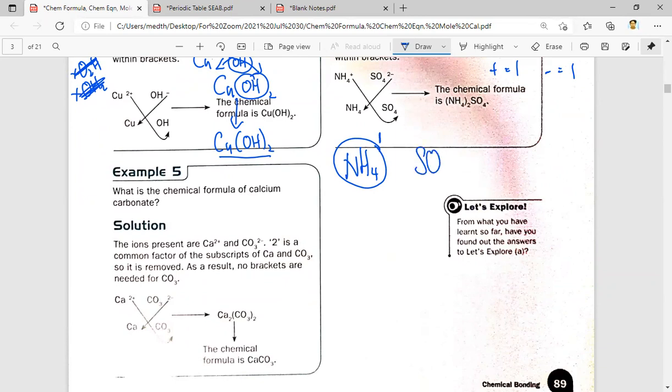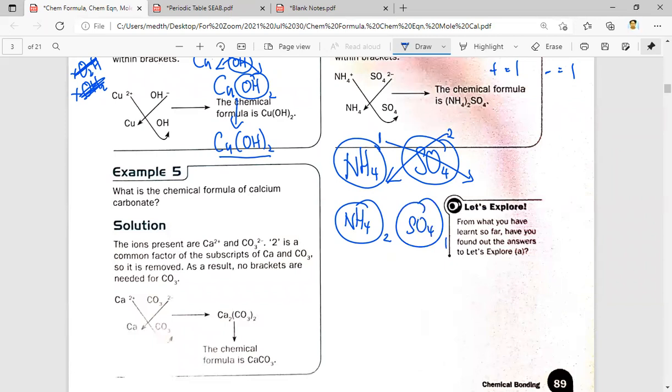SO4 2 minus, so SO4 clustered together. 2 minus just means the bonding number is 2. Then we will cross over. What you're going to get is NH4 2, SO4 1. So if it is a 1, we don't even need to write it down. Once there's no numbers outside, we can just erase the whole bracket.